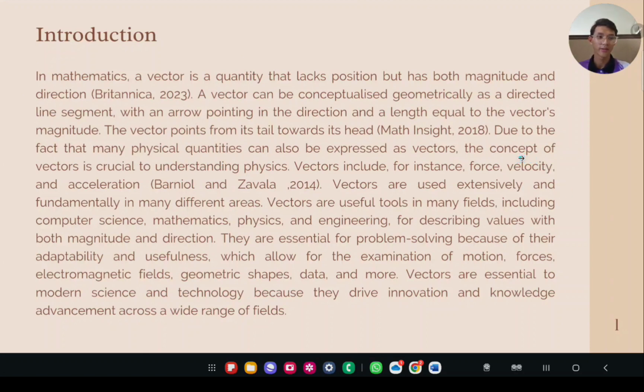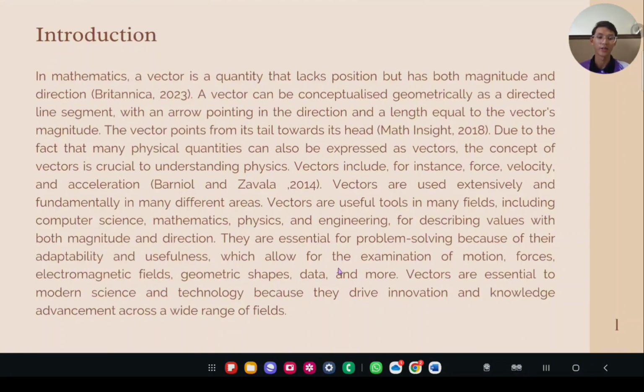Due to the fact that many physical quantities can also be expressed as a vector, the concept of vectors is crucial to understand physics. Vectors include, for instance, force, velocity, and acceleration.